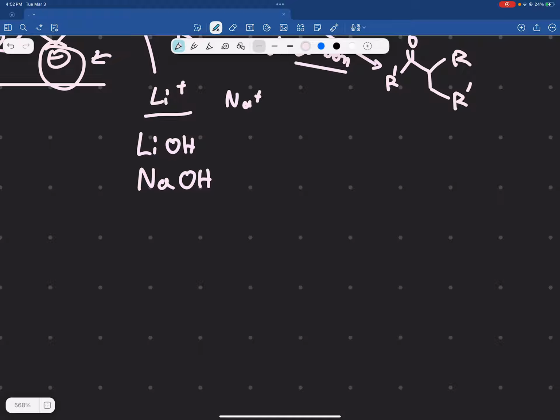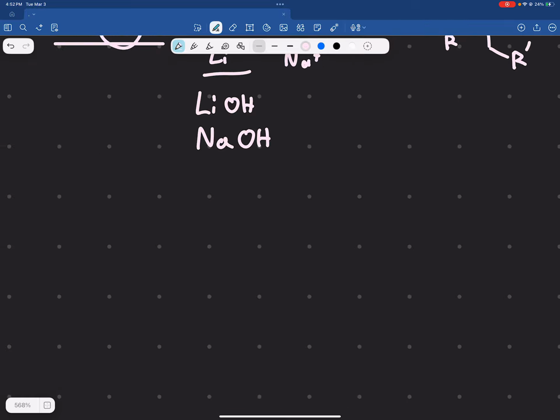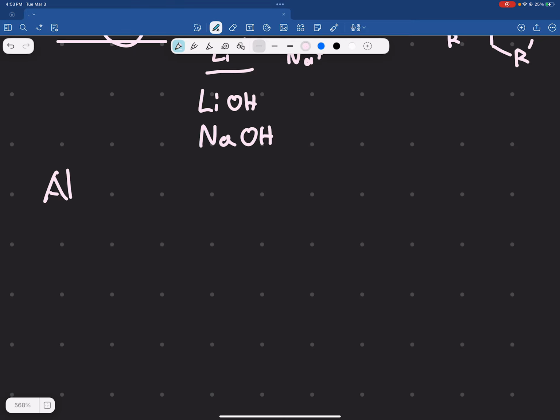All right, let's move on. So, let's go over Aldol reactions. Aldol reactions are nucleophilic additions of an enolate anion from an aldehyde or ketone, adding to the carbonyl group of another molecule of the same or different compound.